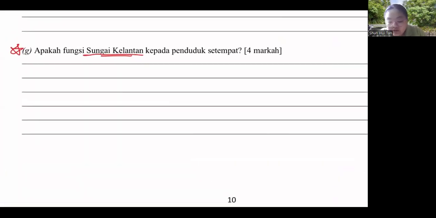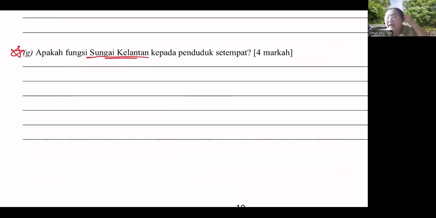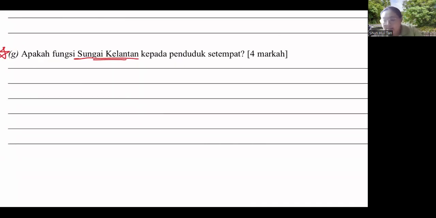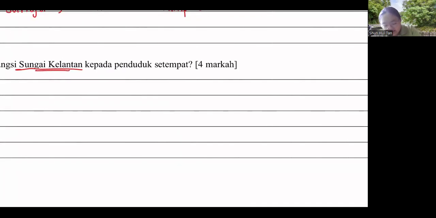Can why? Because normally river at the side got what? Got houses. Okay, got houses. So normally standard in the map, if they ask you in the map, you can say sumber air untuk kegunaan harian or sistem pengairan, pengangkutan.